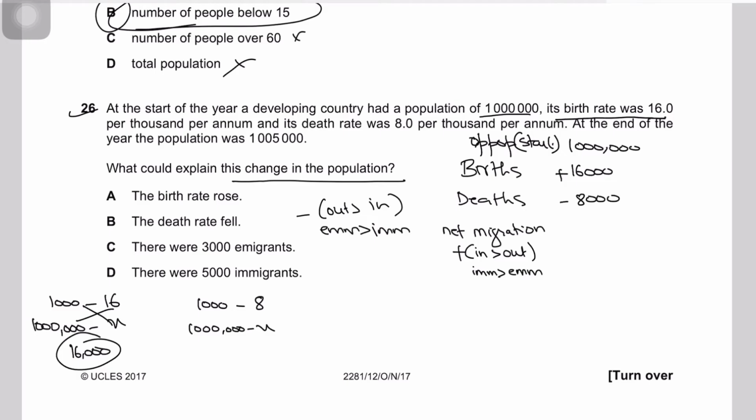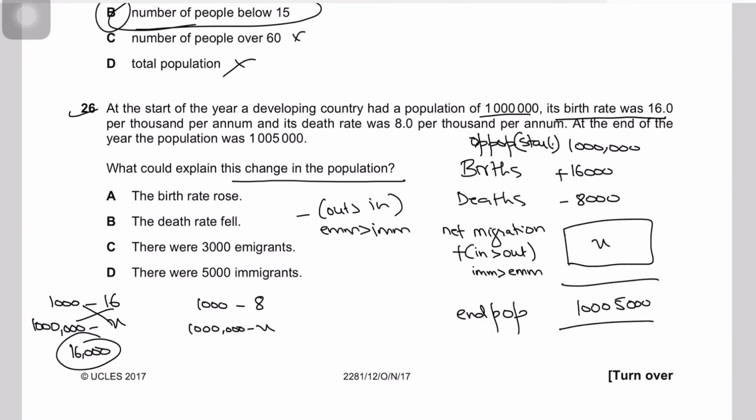Now you don't really know whether your net migration is positive or negative, so you leave that figure as X, and your ending population is coming as a million and 5,000. So you just calculate the value of X by moving backwards.